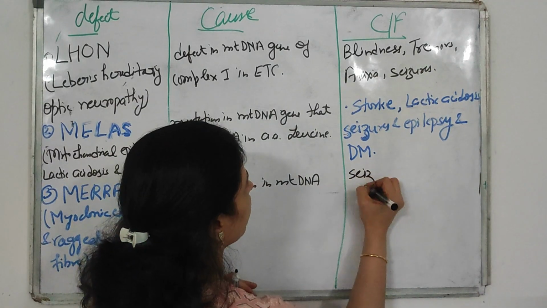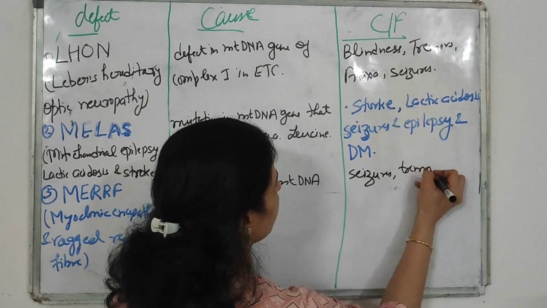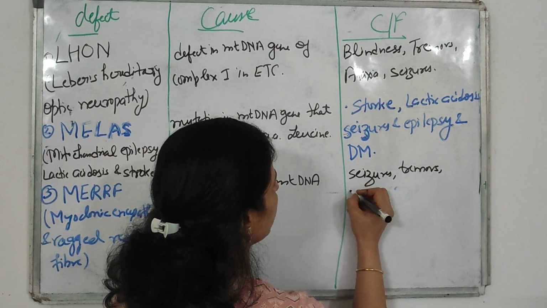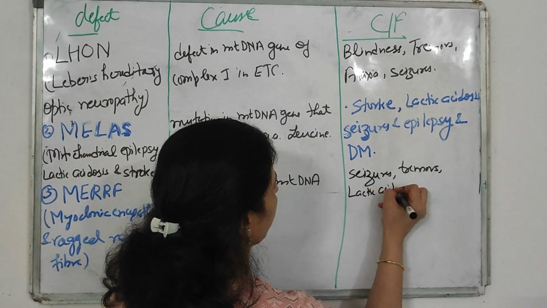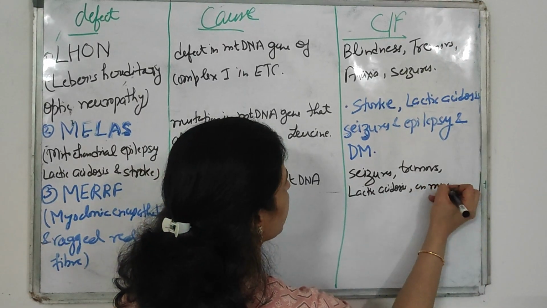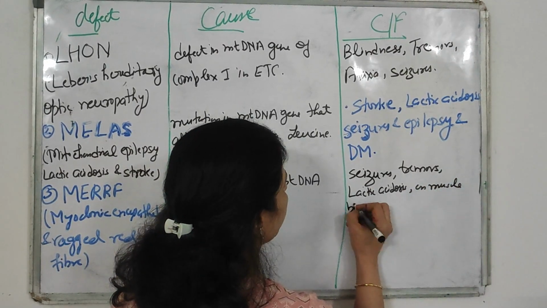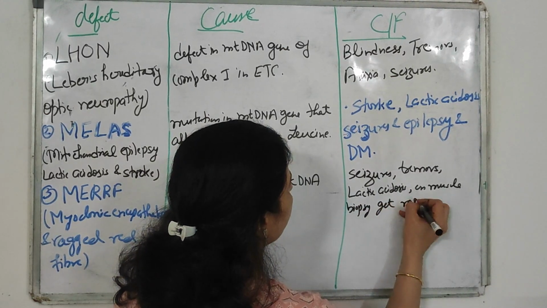Seizures will be there, encephalopathy, tremors will be there, and lactic acidosis is also found in this disorder. On muscle biopsy, one of the specific features is that when you do the muscle biopsy, you get ragged red fibers.